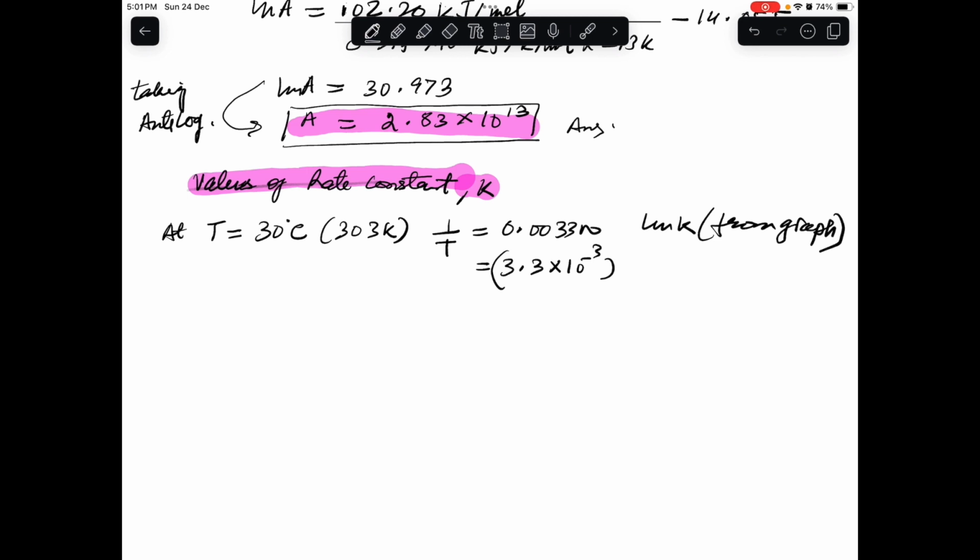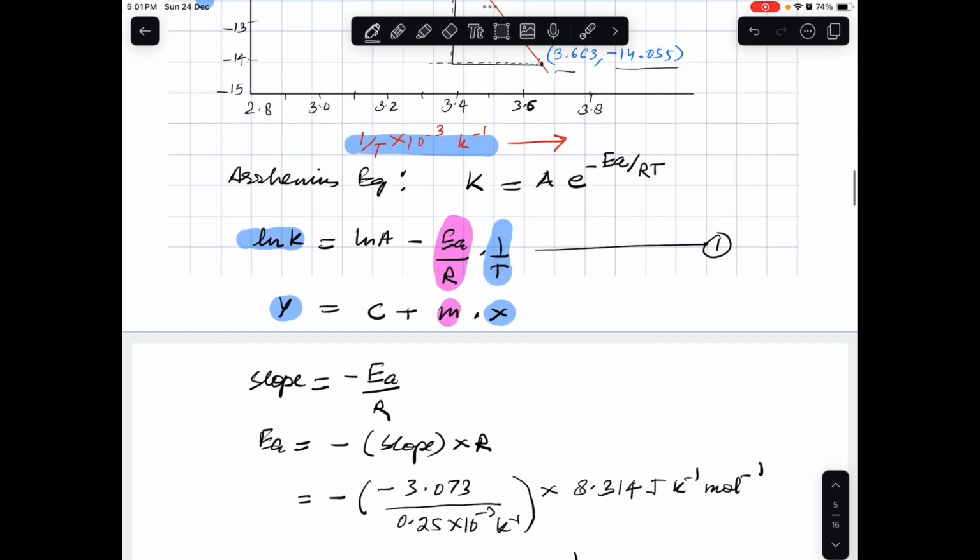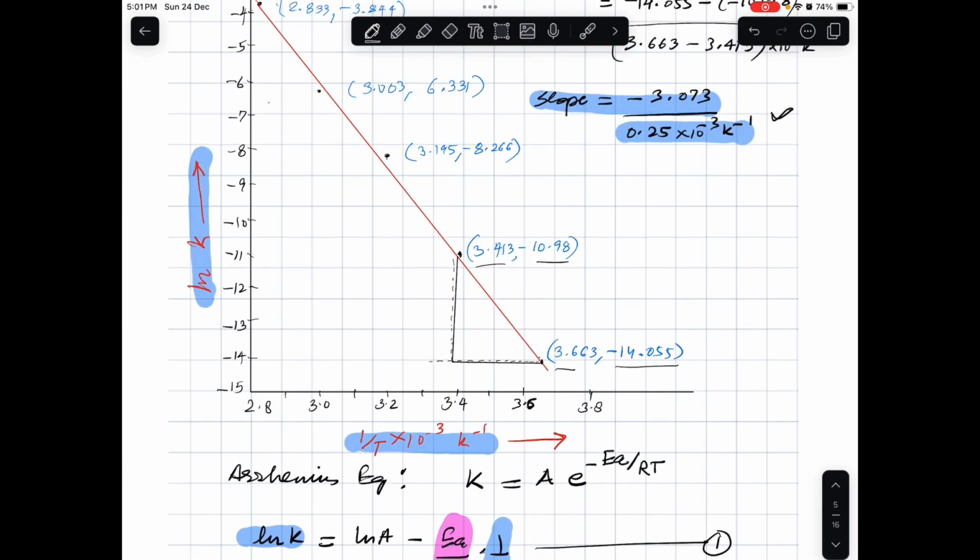At 3.3, have a look at the plot: this is 3.2, this is 3.3. At 3.3 we will find the natural log of K somewhere here.